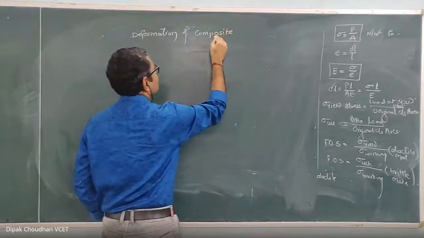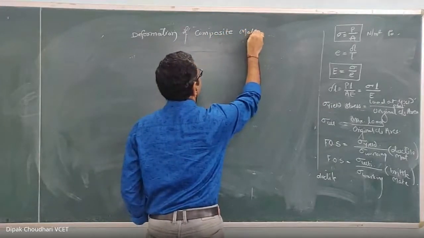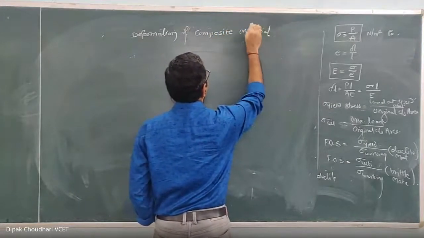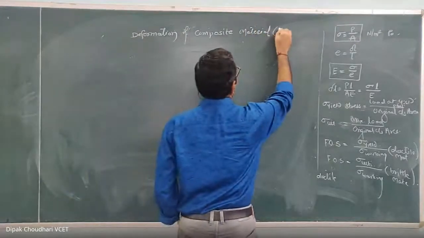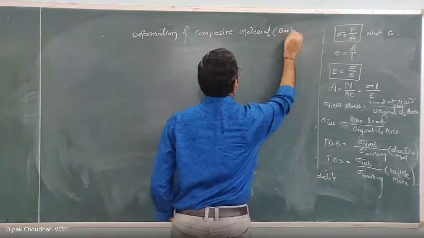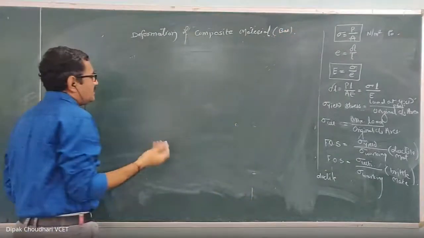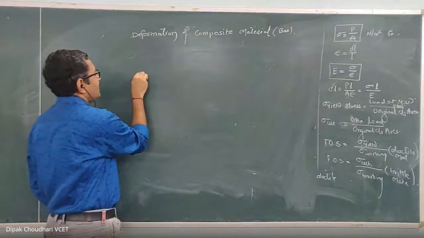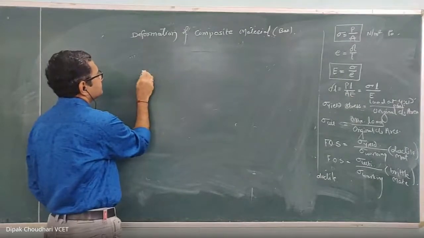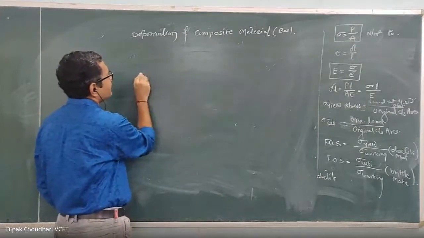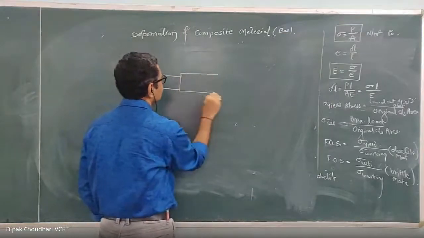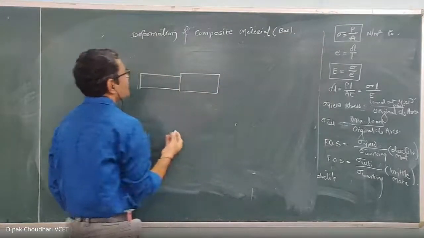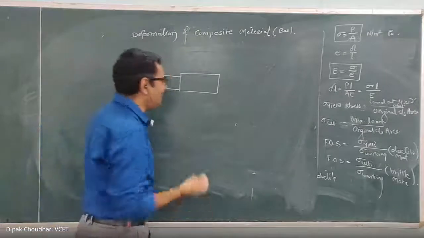Deformation of composite material, or composite rod, you can say. Composite rod or composite bar. Now there are two different cases here. We can consider a stepped rod, maybe 2 or 3 parts. The material may be the same, may be different.